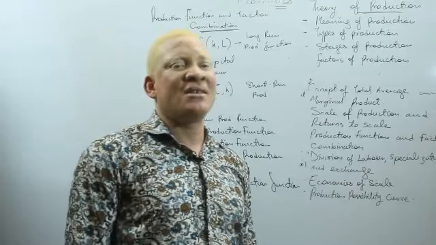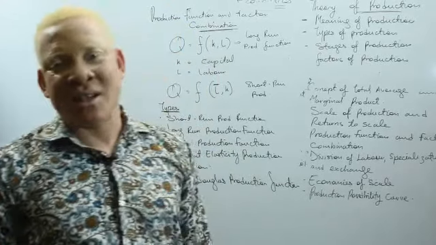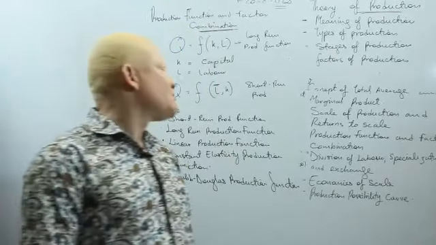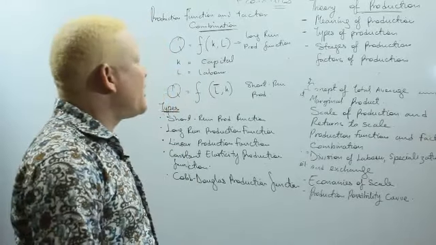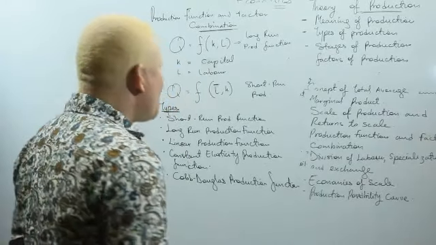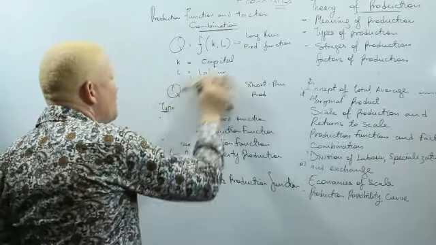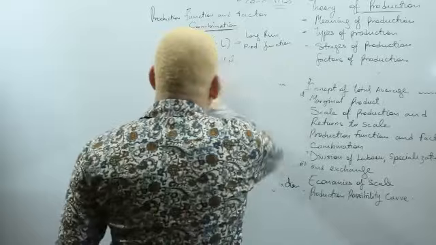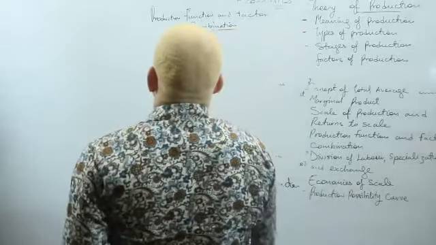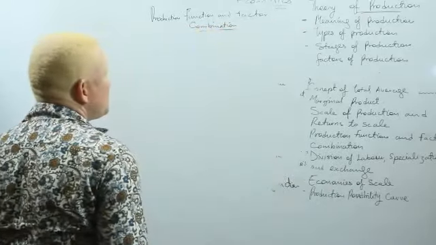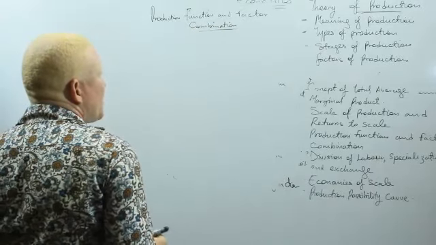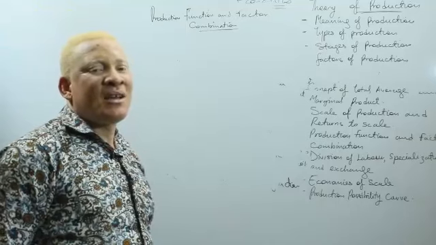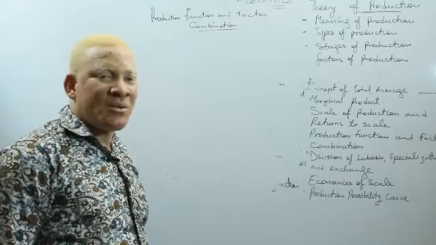They all specify the level of output desired. Now, looking at the whole thing, if we are talking about production function, we should be able to analyze what guides the producer in making his decisions in production.